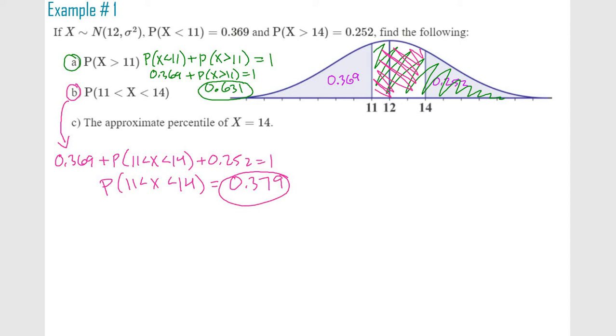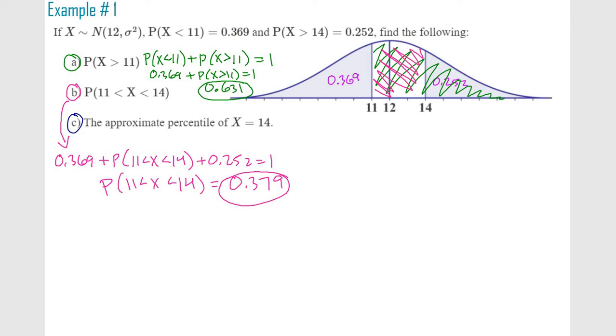Now, part C. The approximate percentile of x equals 14. When we discuss percentiles, we're talking about that number and below.